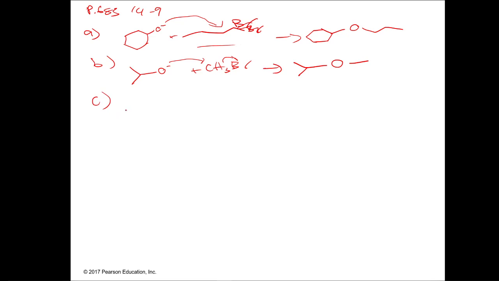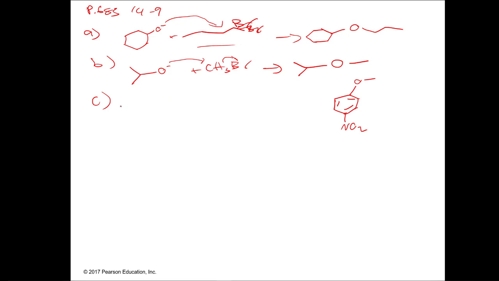1-methoxy-4-nitrobenzene. Okay. So I've got benzene. One methoxy. 1, 2, 3, 4 nitrobenzene. So remember we said that you cannot have a phenyl halide or a phenyl tosylate be attacked by an alkoxide.